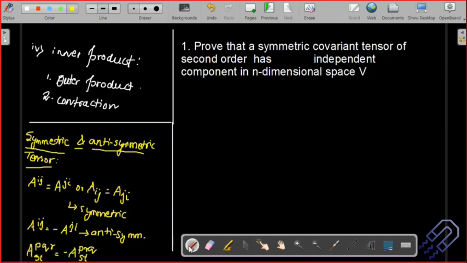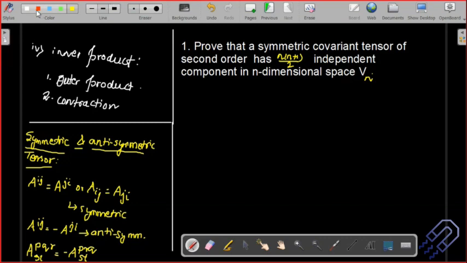So what is this actually? This is something which we have to prove: independent components. If you write something in matrix form, you know how many components it has. So it is n(n+1)/2 independent components in n dimensional space V_n. This is what you have to prove.